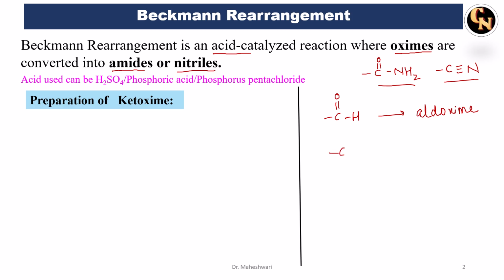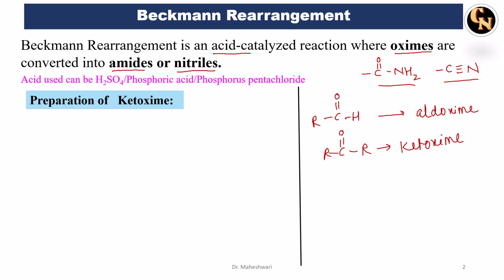And if it is prepared from a keto group, that is, R groups on both sides, then it will be called a ketoxime. I think this is clear to everyone. So either aldoxime or ketoxime we can prepare. Oximes may be aldoxime or ketoxime.